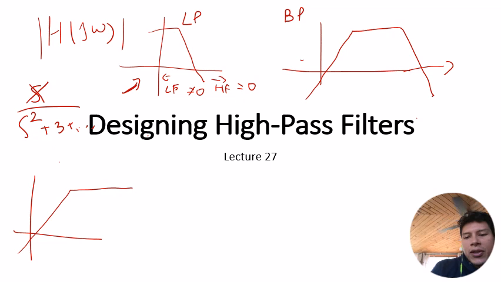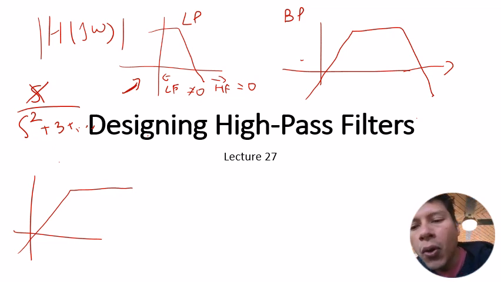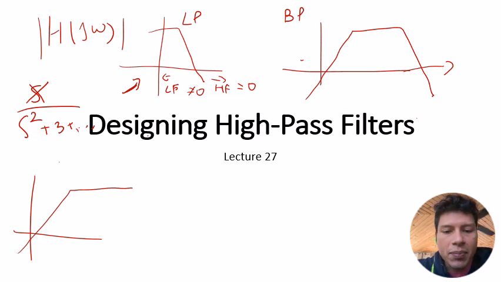You can have zeros, but that zero cannot be at zero. And also you need more poles than zeros. The reason for that is because ultimately you need to end up with a negative slope so that the response will go to zero as frequency goes to infinity.